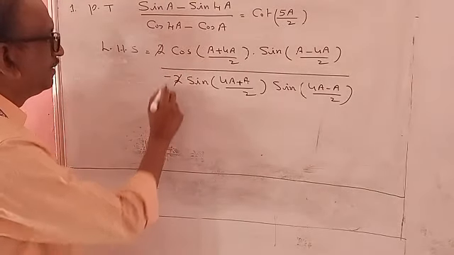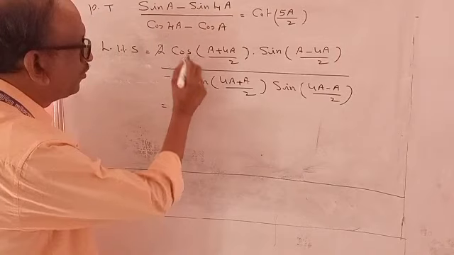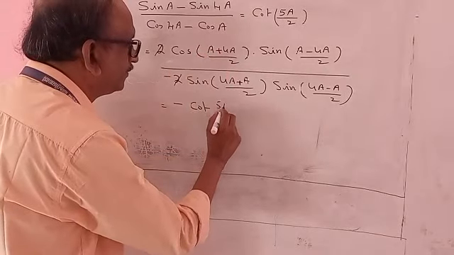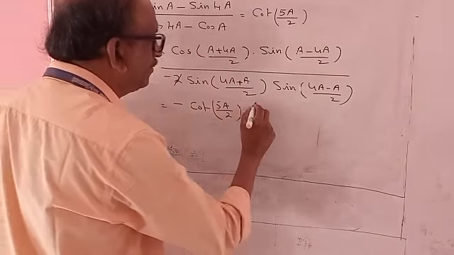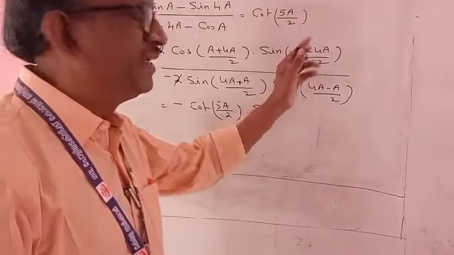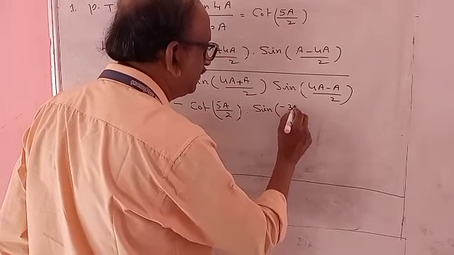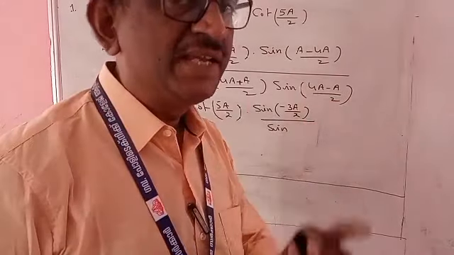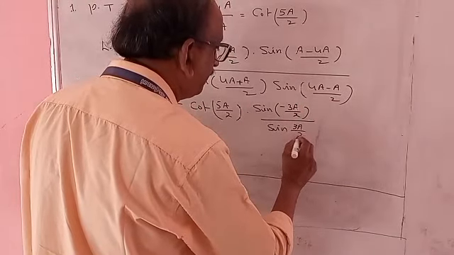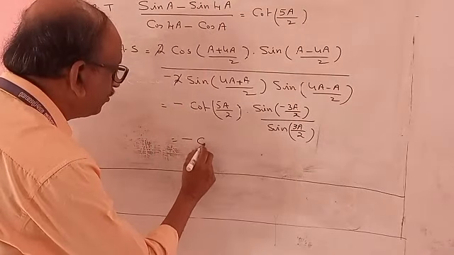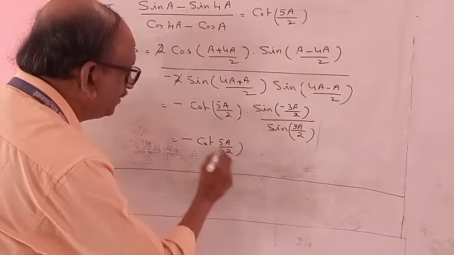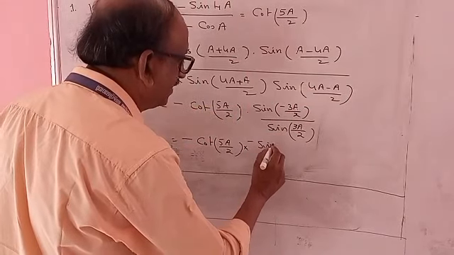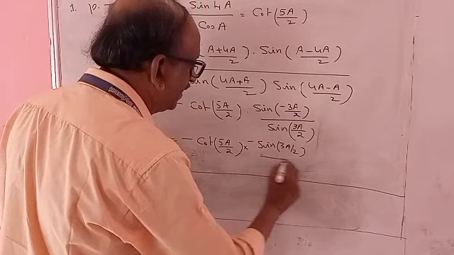2 got cancelled, this is minus cos by sin, cot, a plus 4a, 4a plus a, same, 5a by 2, into sin (a minus 4a) is minus 3a by 2, divided by sin (4a minus a), 3a by 2, is equal to minus cot 5a by 2 into, sin minus theta is minus sin theta, minus sin 3a by 2, divided by sin 3a by 2.